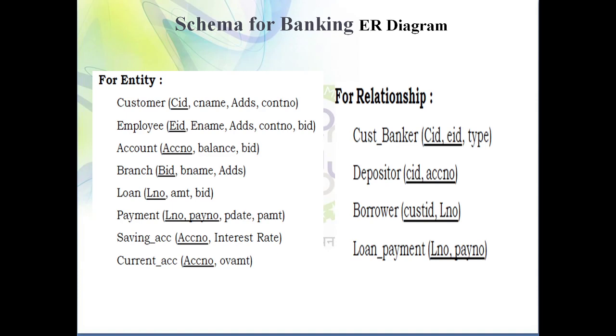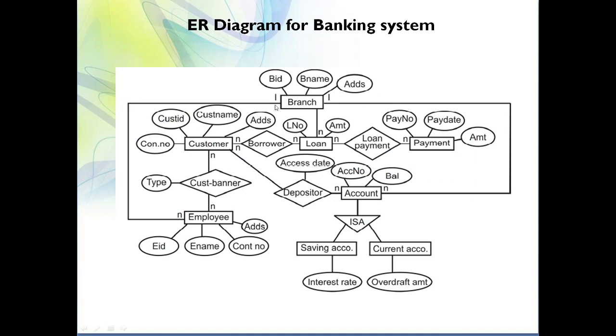For entities, how many entities are there here? Branch is an entity, customer is an entity, employee, account, payment and loan. These are the entities. But what are the relationships? Customer banker, borrower, loan payment, depositor. These are the relationships. Is-a is also called a relationship, but for this we are not going to create a table.